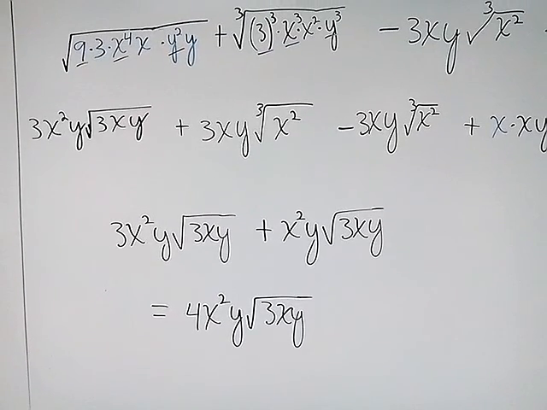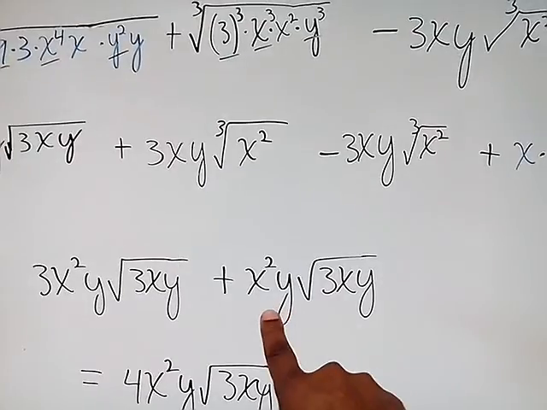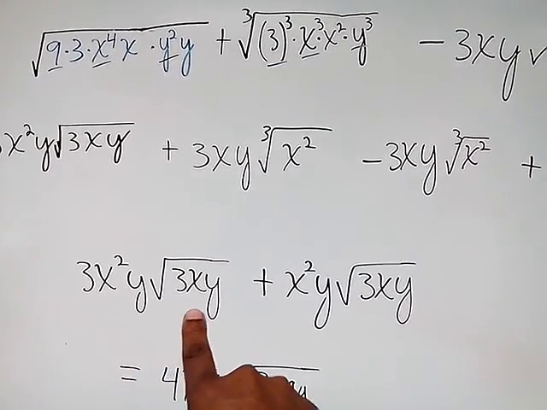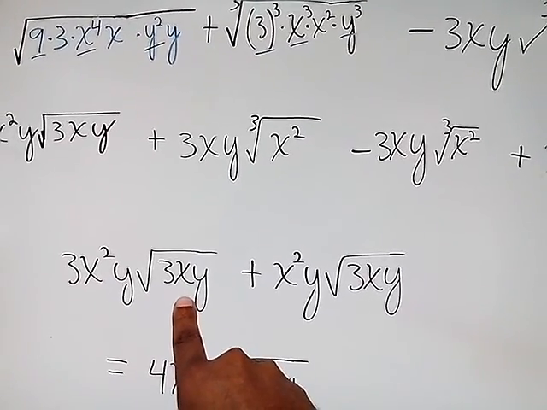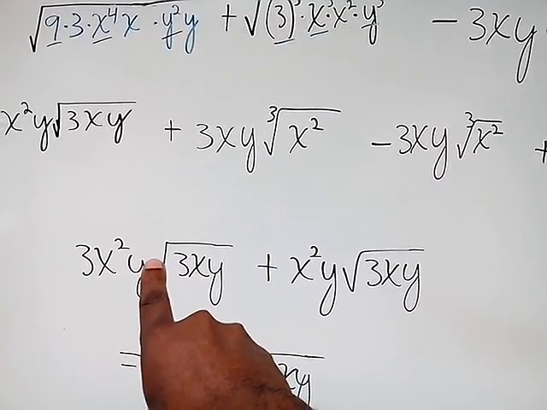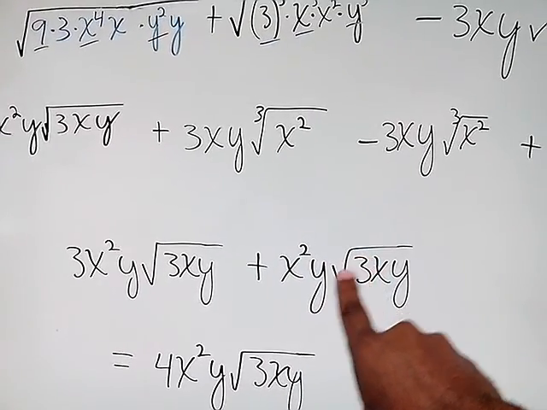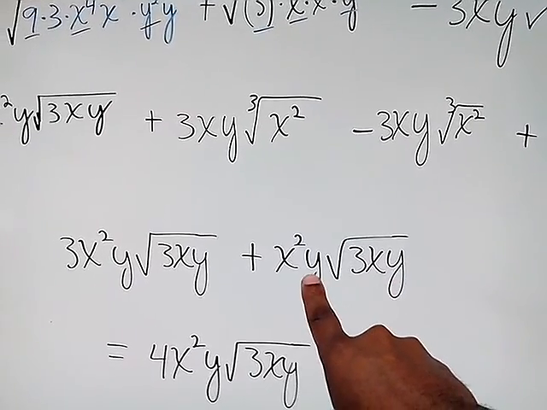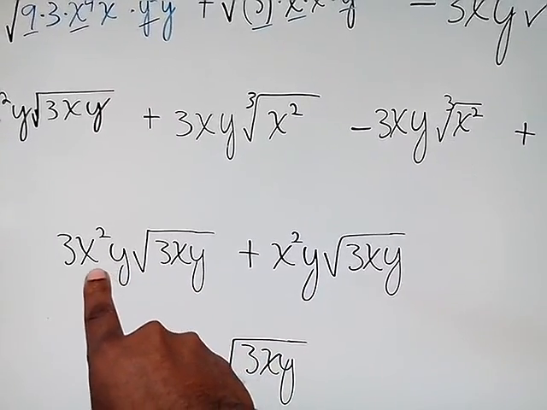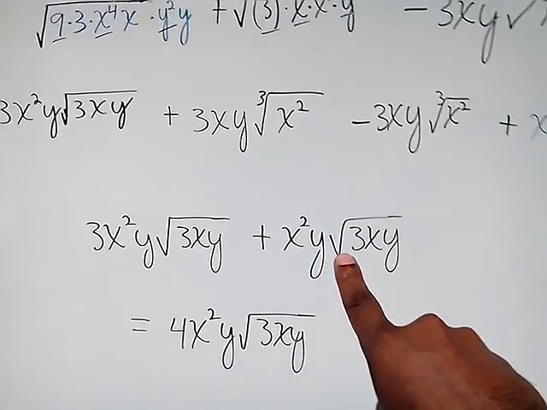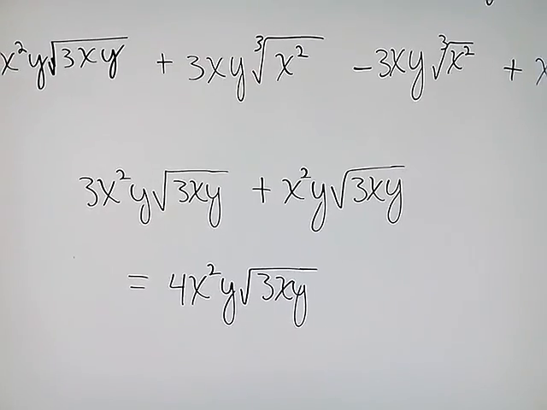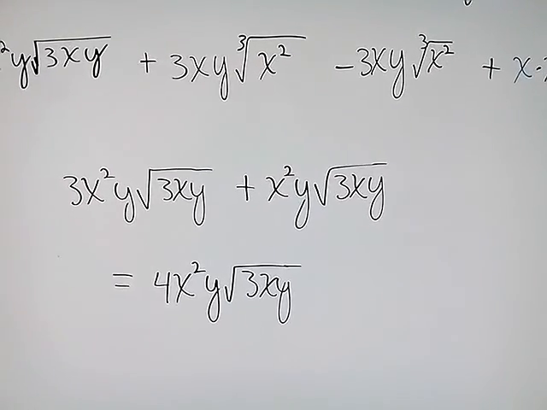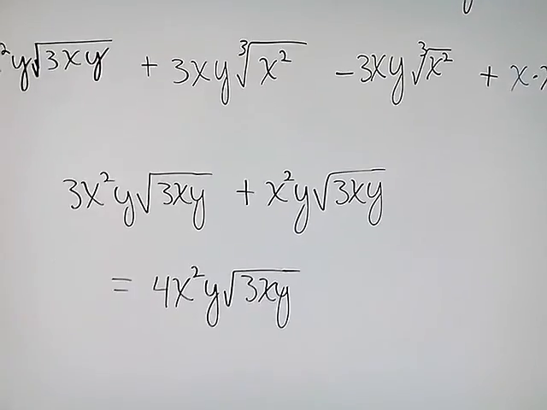Keep in mind that this is like saying 1x squared y added to 3x squared y. We have the same index, which is a square root for both of our terms. The radicand inside is the same. So given that our variables have the same power, checking all of those things, we can add, and it becomes 4x squared y, square root of 3xy. That's our final result.